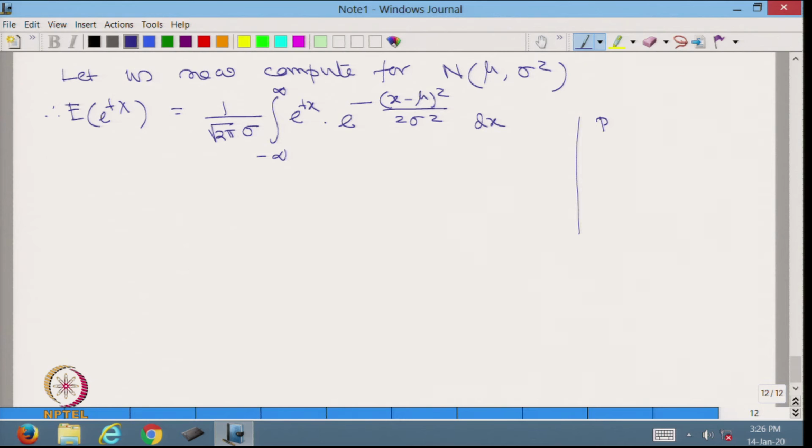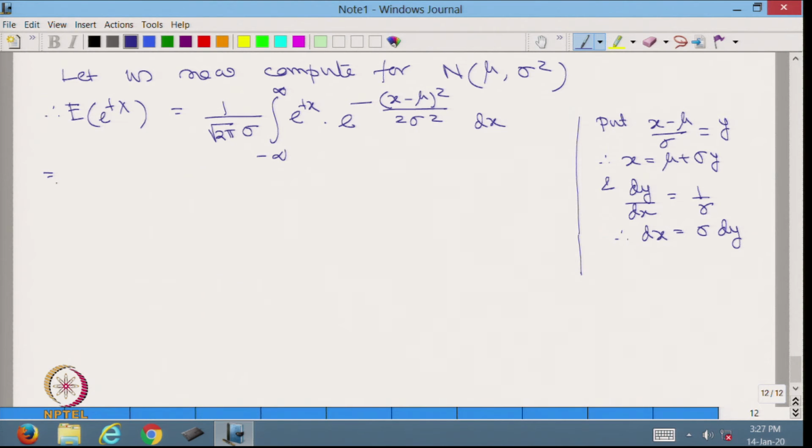Put (x minus mu) upon sigma equal to y. Therefore, x is equal to mu plus sigma y, and dy by dx is equal to 1 by sigma. Therefore, dx is equal to sigma dy.